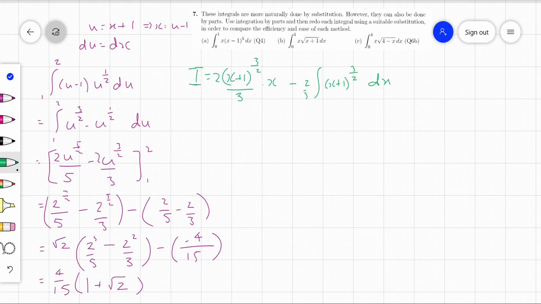There. And it's 0 to 1. If we want, we can go over here and go 0 to 1. Now you can see out the front there that if I sub the 1 in, I'm going to get 2 to the, yes, if I sub the 1 in. So if I sub the 0 in, you can see from the second times x here that I'll just get a 0.